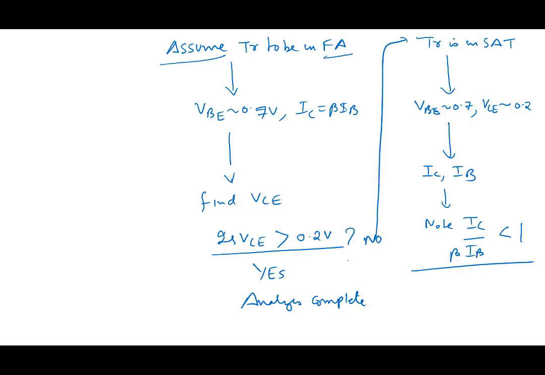Start with that assumption, forward active, and do the analysis and check. In the end, check. If everything is checked and the answer turns out to be yes, then everything is okay. Other than that, then you have to redo the analysis. Okay. So would you all be in a position to solve this circuit then?